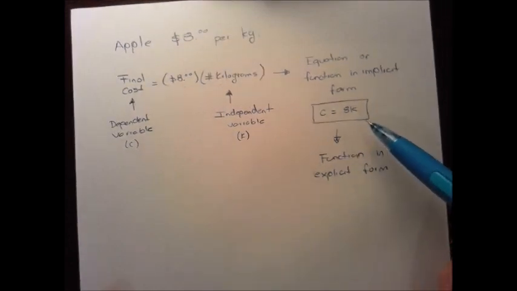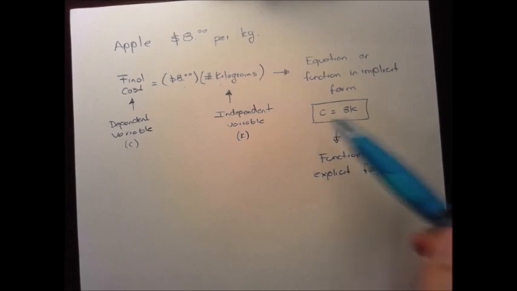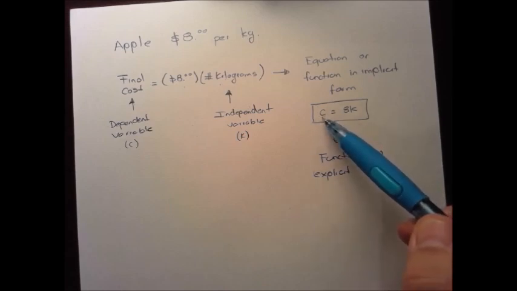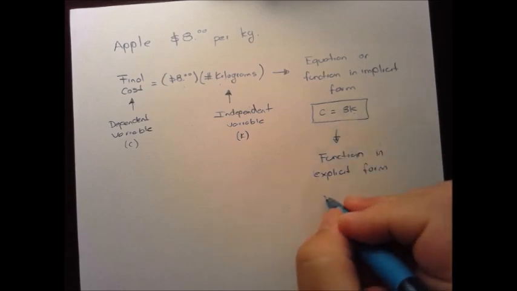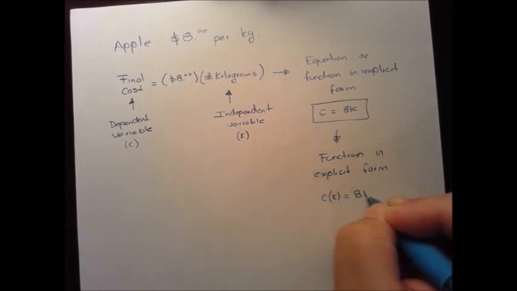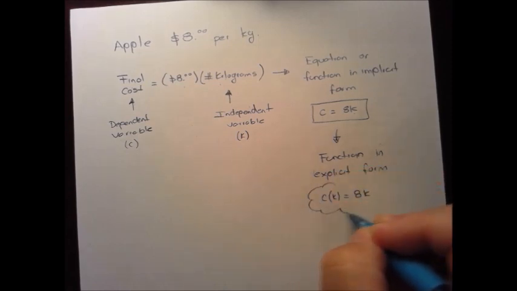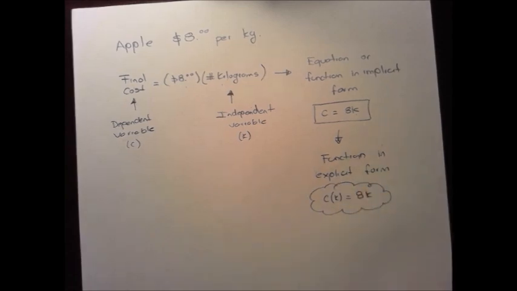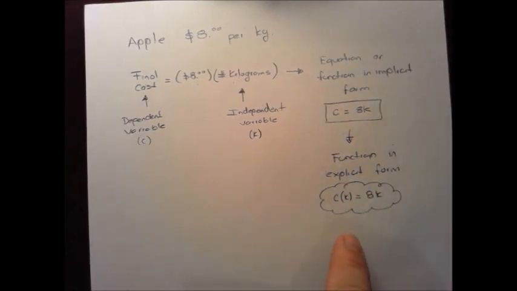So what is the dependent variable? It is C, and C depends on K. So you are going to write C of K equal to 8K, and this is going to be the math function.